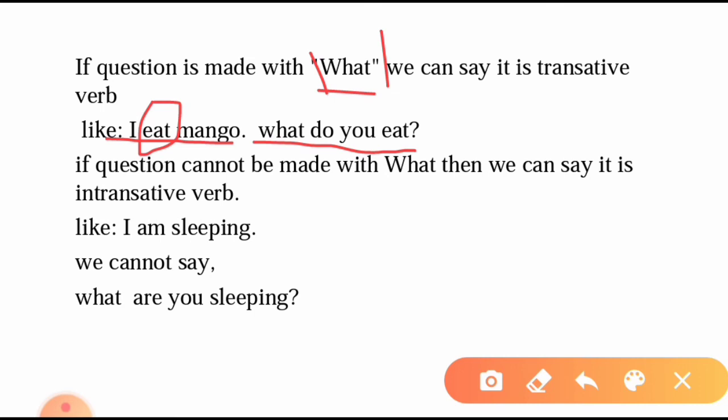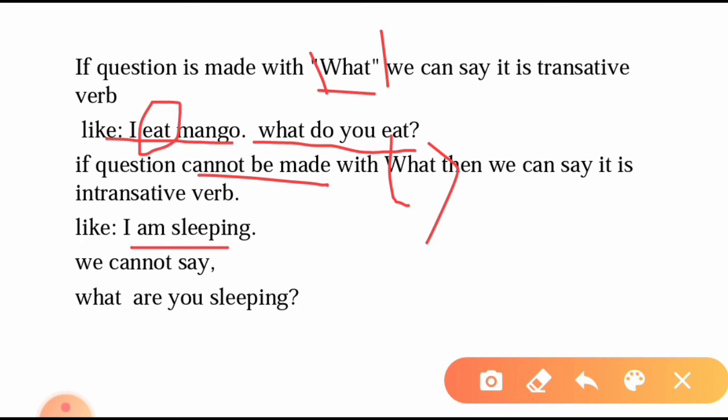Now if a question cannot be made with what, then we can say it is an intransitive verb. See the example: I am sleeping. This is a complete sentence. It is giving a complete thought. There is no need for any kind of object to make complete sense here. I am sleeping is a complete sentence.